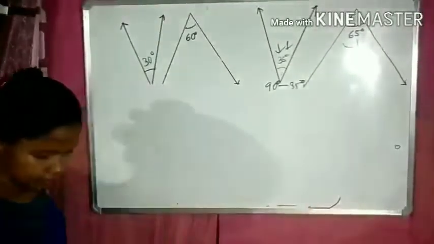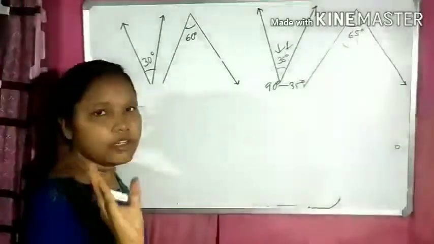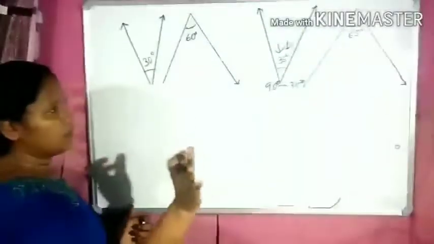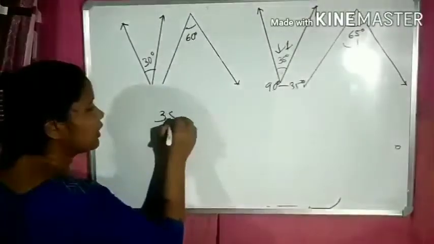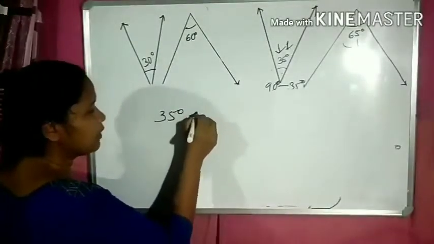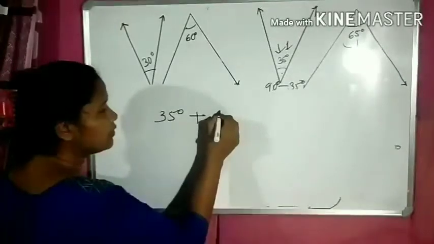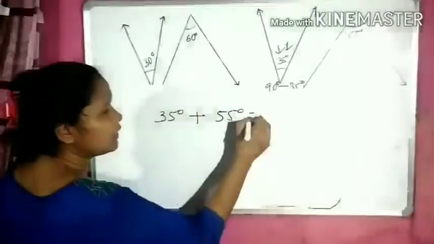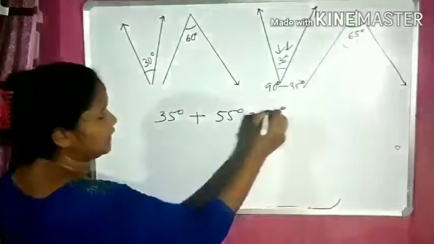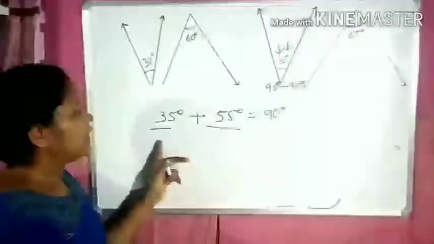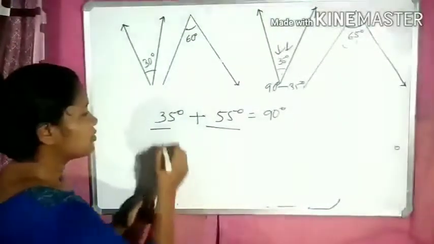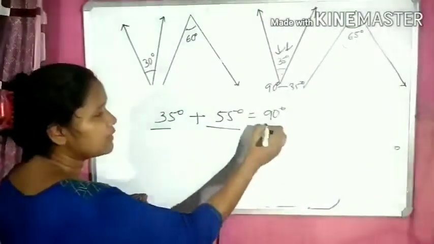We'll take examples. Let's take two examples of acute angles. We have taken 35 degrees plus 55 degrees. How much are we getting? 90 degrees. These two are less than 90 degrees and they are acute angles. The sum of these two angles is 90 degrees.